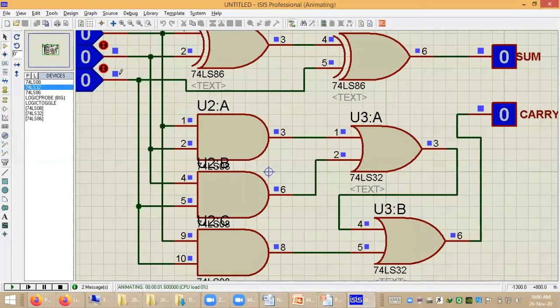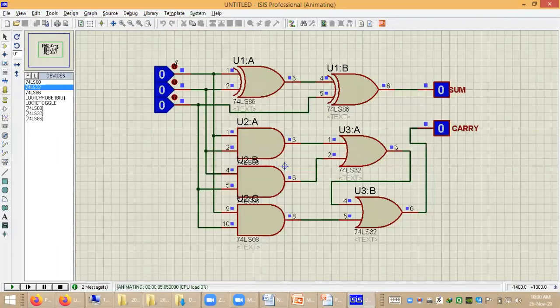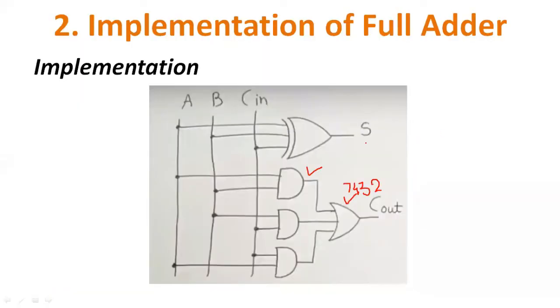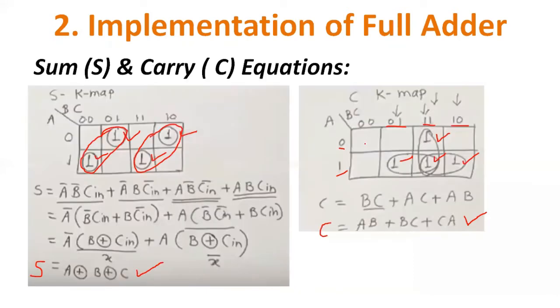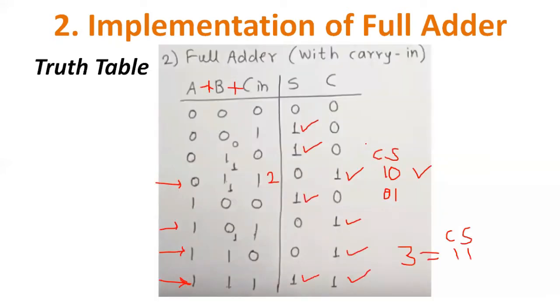Okay, so for 0 0 0, the sum is 0 and carry is also 0. So let us see these outputs. We'll compare them with the truth table. So for 0 0 0, sum is 0 and carry is 0.